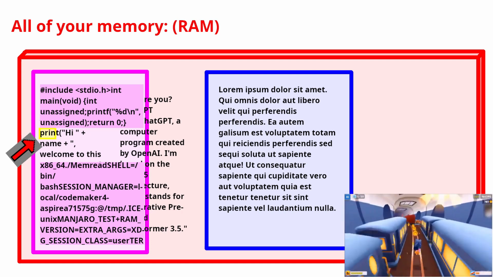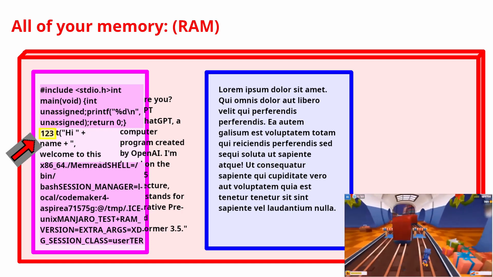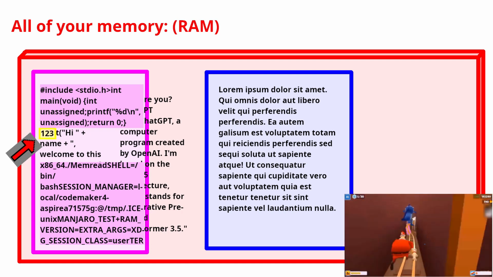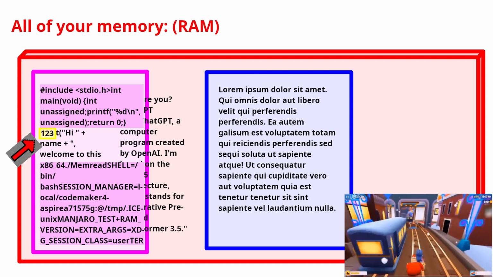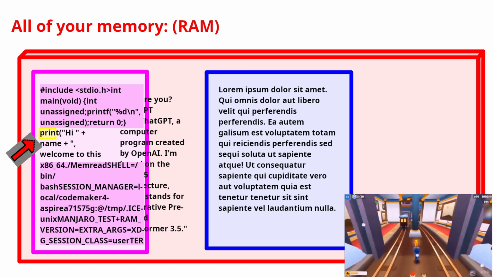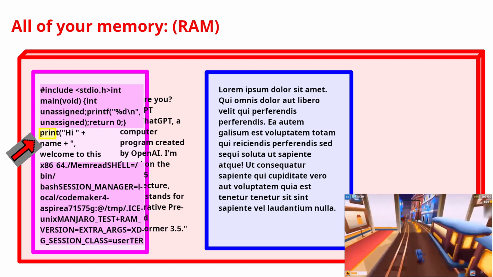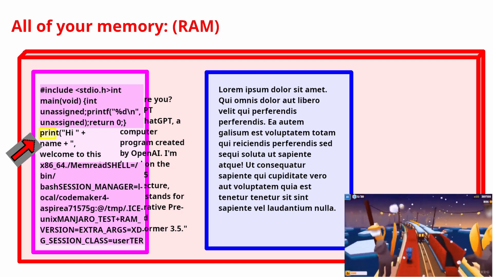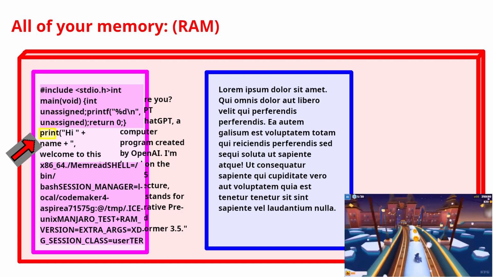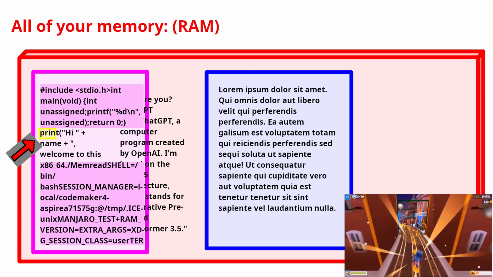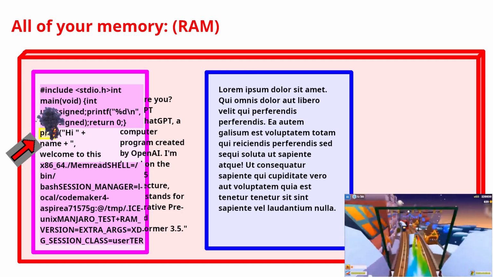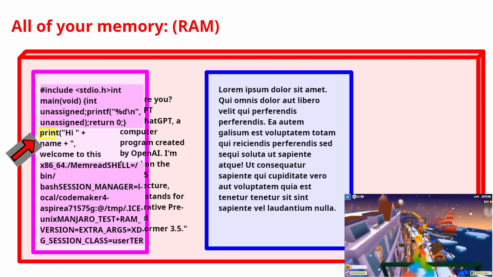So say you want to put 1, 2, 3 there, everything that used to be there gets overwritten, and if you try to read from the variable, we'll just get the value 1, 2, 3. But we never assigned it. So what happens now is that the characters PRIN are going to be interpreted as an integer, and this goes horribly wrong, and we get a somewhat random number as a result.